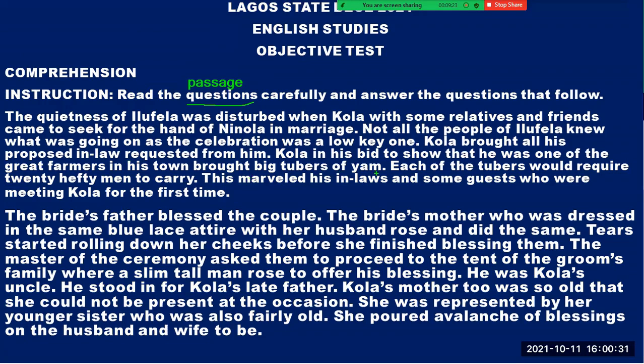Kola, in his bid to show that he was one of the great farmers in his town, brought big tubers of yam. Each of the tubers would require 20 hefty men to carry. This marveled his in-laws and some guests who were meeting Kola for the first time. The bride's father blessed the couple. The bride's mother was dressed in the same blue lace attire with her husband.